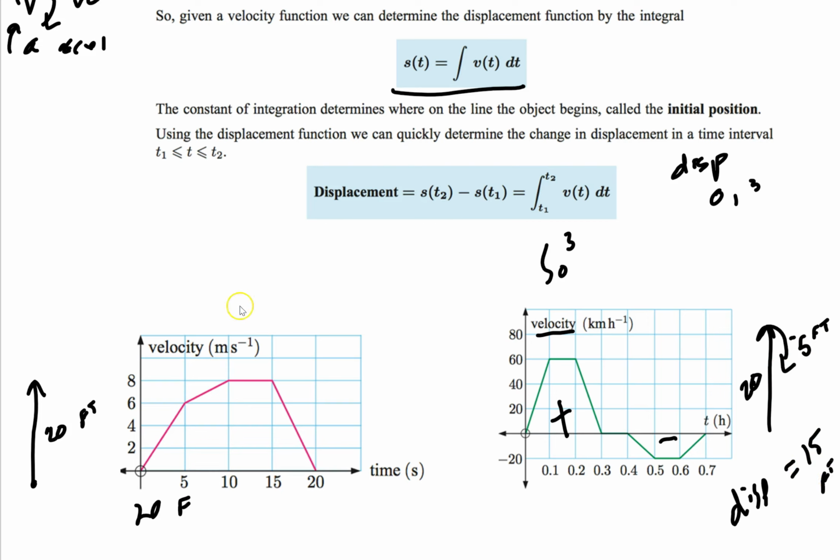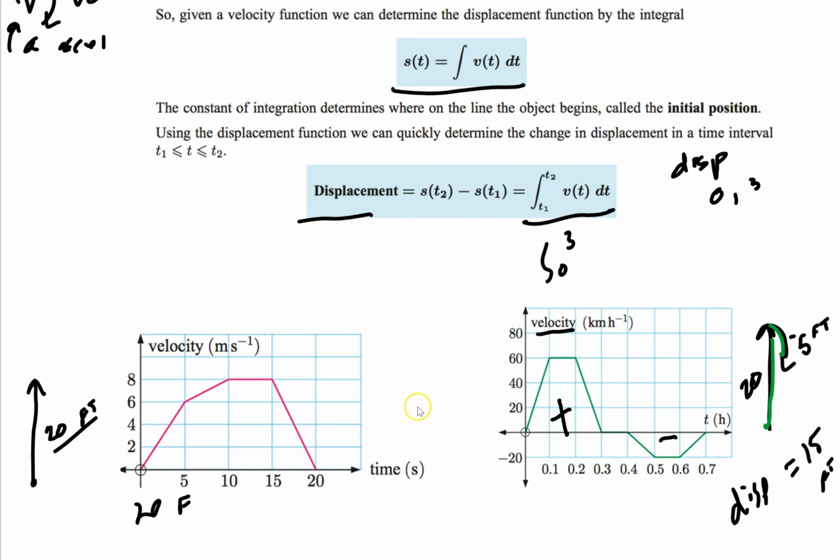In the first case, all you did was move positive, so you're exactly 20 feet from the origin. Find the area of that, you're good. In this one, you're walking forward, then walking back, so they work against each other, and you have only 15 feet from the origin. That's displacement. So again, the easy way to find it is to just integrate between your 2 times.